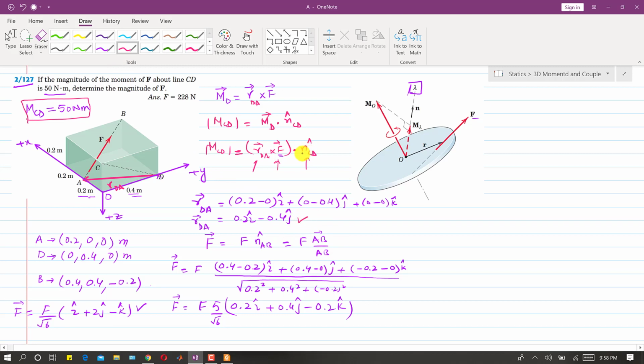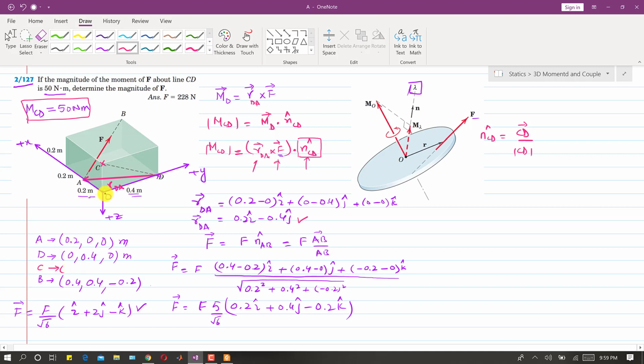And we need to determine this unit vector as well, NCD. So let's suppose I write that the NCD unit vector will be equal to the CD vector divided by the CD magnitude. So now we need to determine the coordinates of this point C as well.